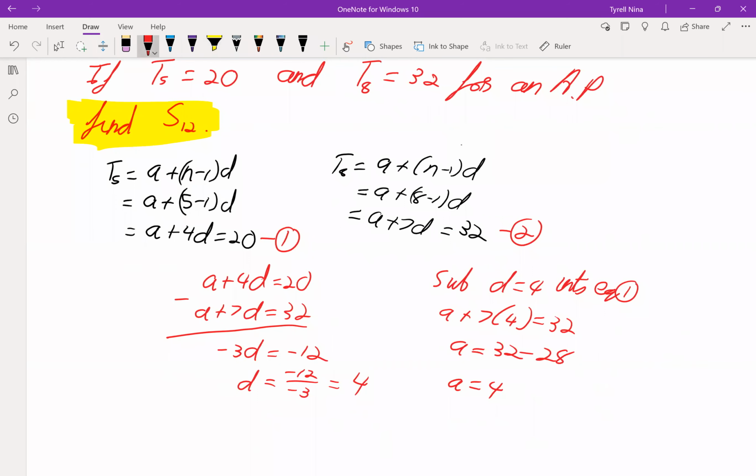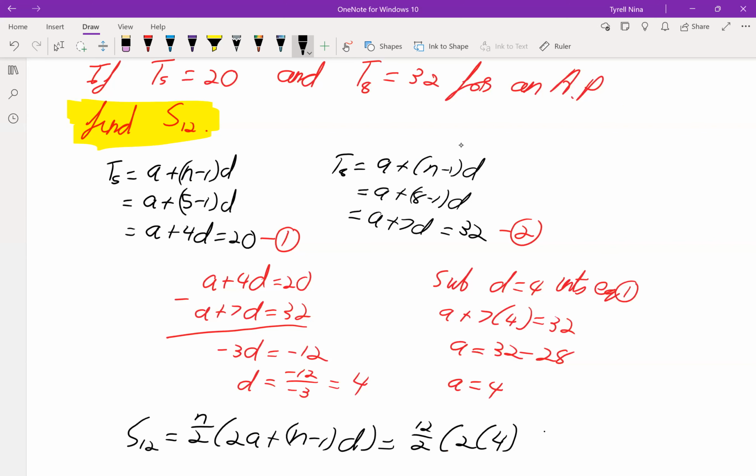So that is where we find S12, N over 2, 2A plus N minus 1 D. We substitute everything we have now. 12 over 2, 2 by 4, plus 12 minus 1 by 4. 6 into 8 plus 11 by 4 is 44. 6 by 52, which is 6 by 50, 300 plus 12, 312.